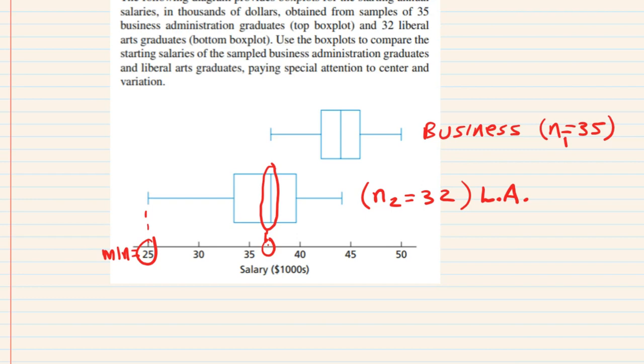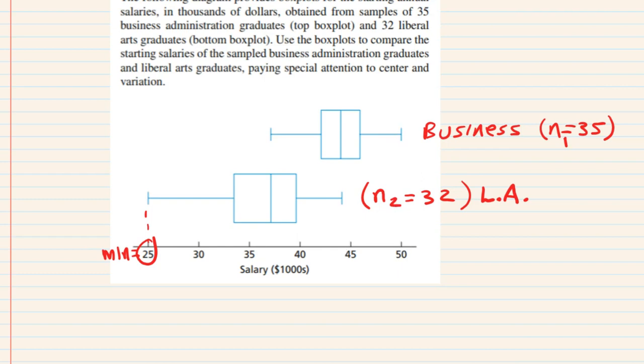Now, let's take a look at what else. You can compare the maximum, right? The maximum is almost 50,000 versus a maximum of 46,000. So here you have limited upside potential, and here you have slightly better upside potential, right? Again, we realize this is just based on these samples.